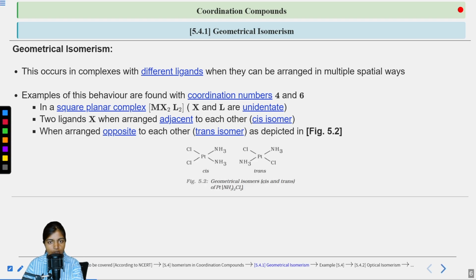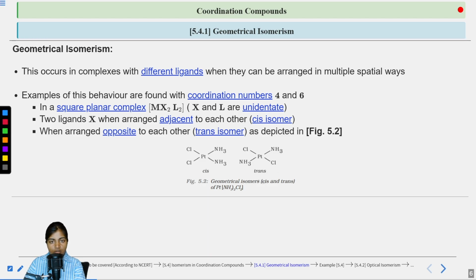So let's see, this is figure 5.2 showing the geometrical isomers, the cis and trans forms, of the complex platinum (NH3)2Cl2. Here platinum is combining with two molecules of amine and two molecules of chlorine, right?